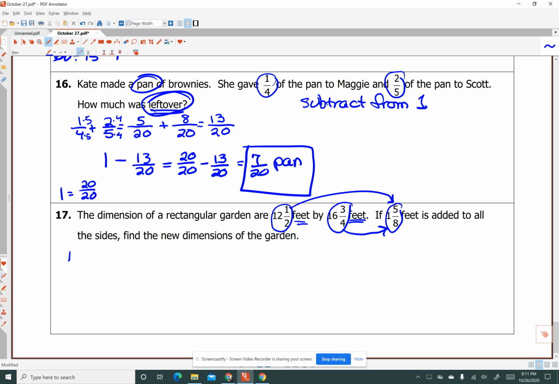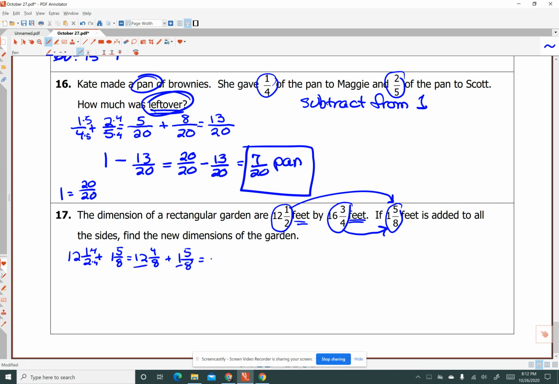So first, 12 1/2 plus 1 5/8. Our denominator will be eighths. Let's change the numerators first. So 2 times 4 is 8, 1 times 4 is 4, so that would be 12 4/8 plus 1 5/8.